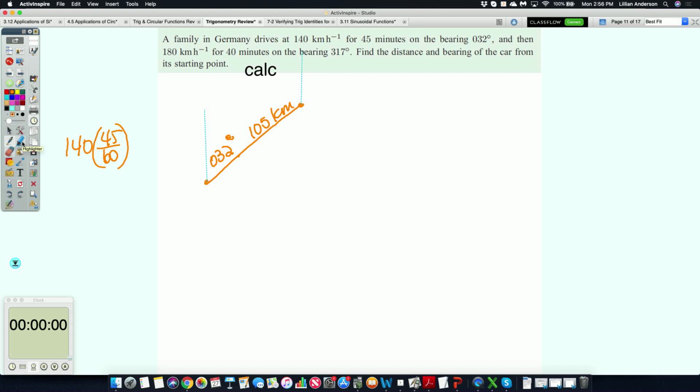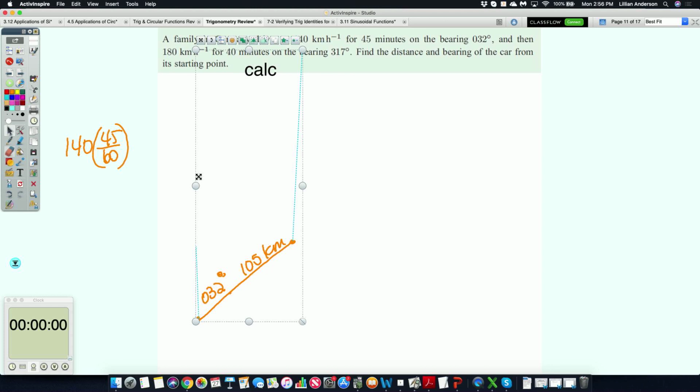That means I need to move this picture down, because you're heading in the clockwise direction. 317 degrees is between 270 and 360. So this is 317 degrees. Does everybody see that? Yes.